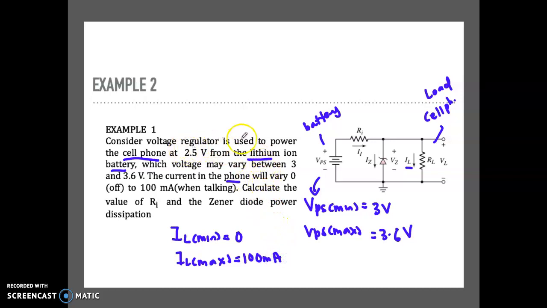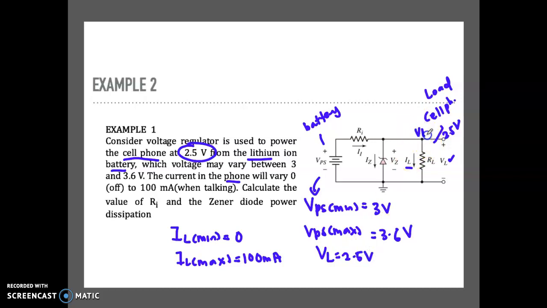So consider the voltage regulator is to power the cell phone at 2.5 volt. What does that mean by 2.5 volt? It means your load needed here to power the cell phone, the load voltage, is about 2.5 volt. So we can define VL is equal to 2.5 volt.